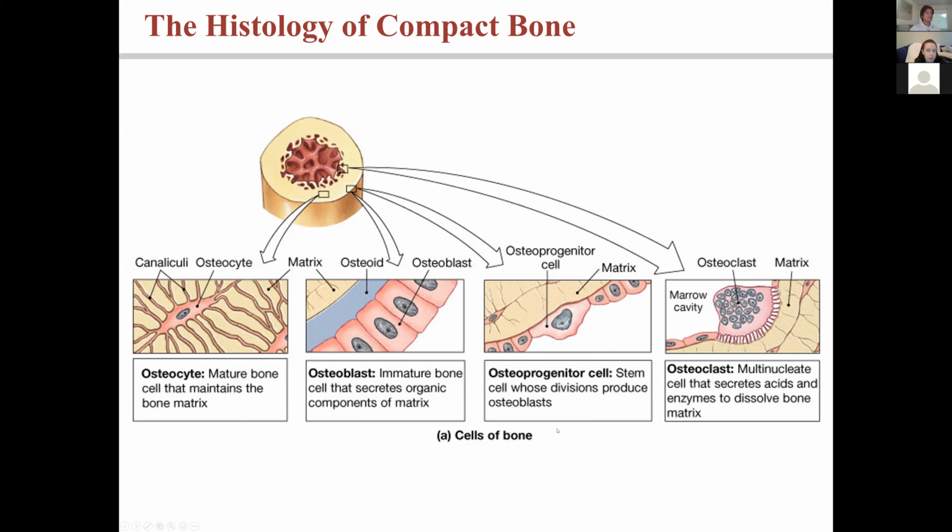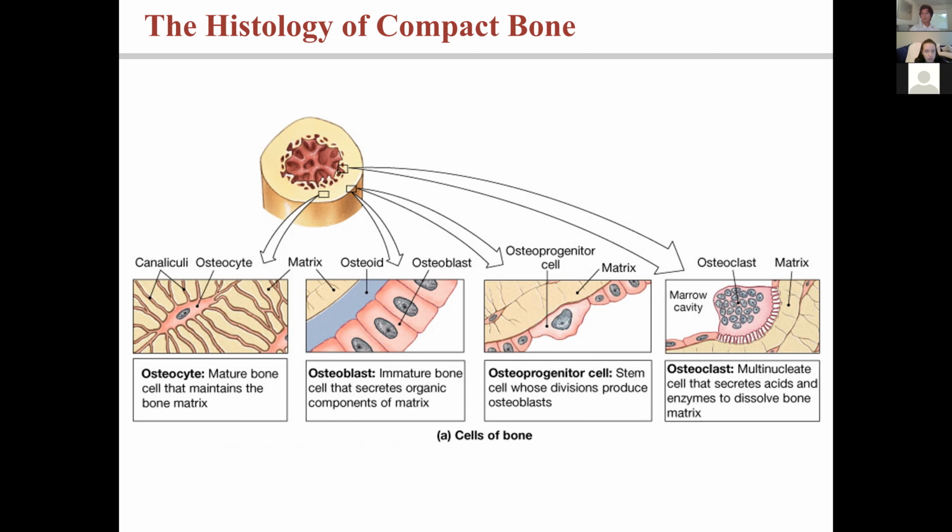These stem cells are going to differentiate into osteoblasts, and these osteoblasts are going to generate osteoid, which is going to be the organic matrix. We mentioned the organic matrix is the matrix that contains collagen, right?